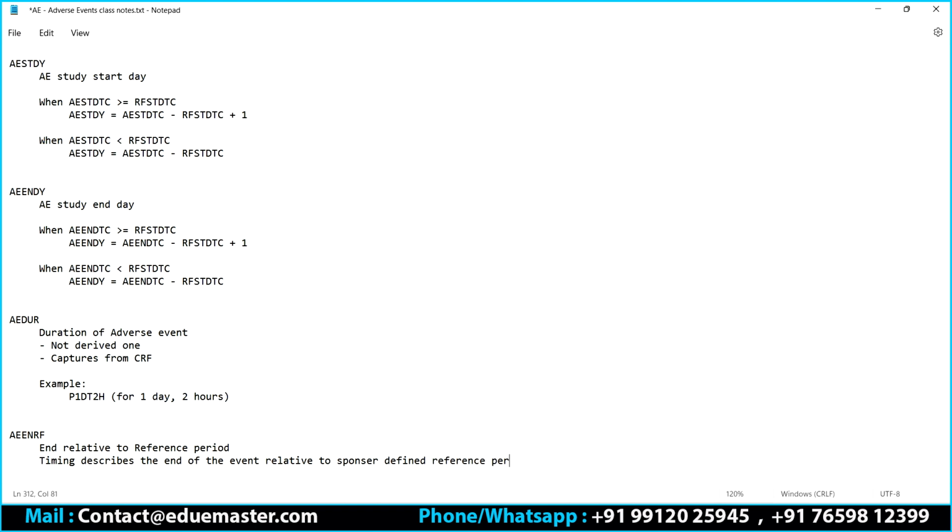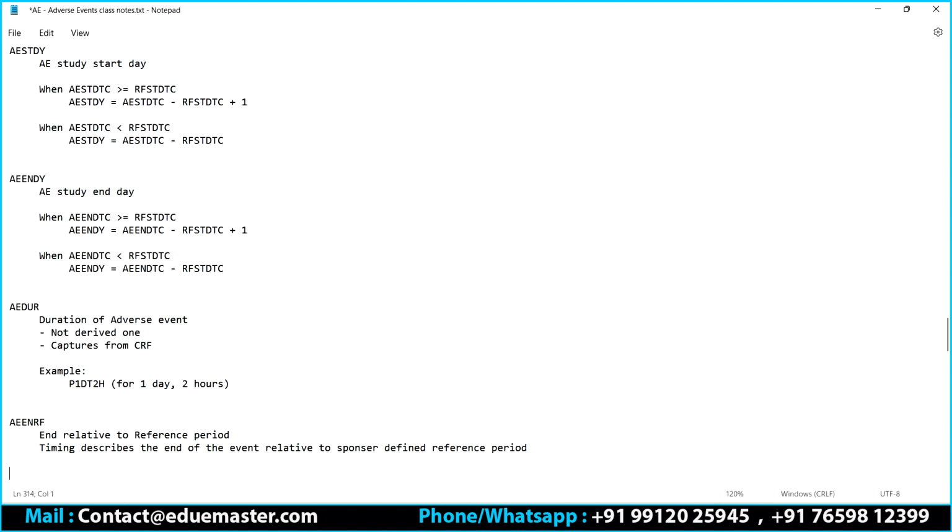Here, let's say that my span is going to be this, right? This is going to be my reference period. So these values, only two things: either it can be ongoing or it can be missing. That is, we will capture ongoing or missing values.